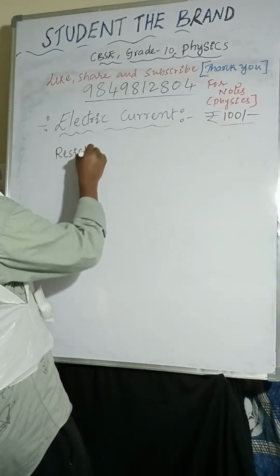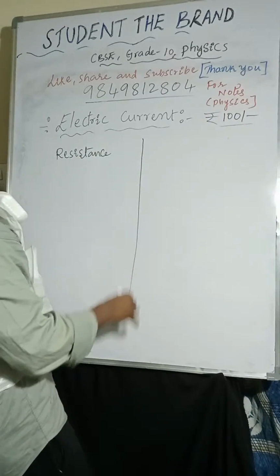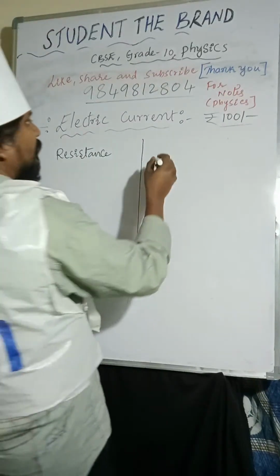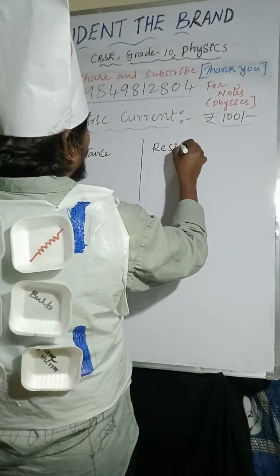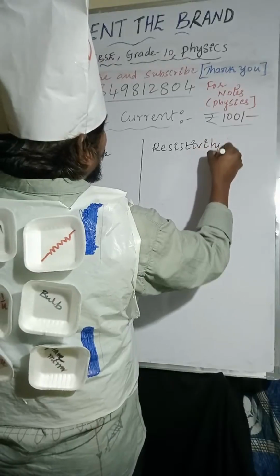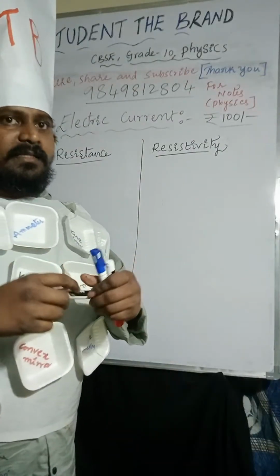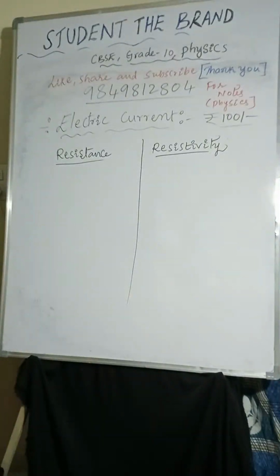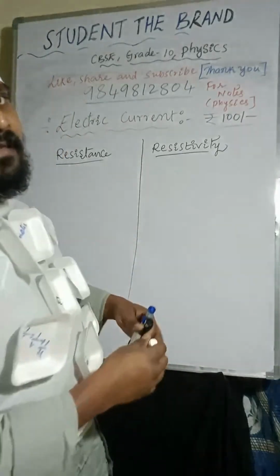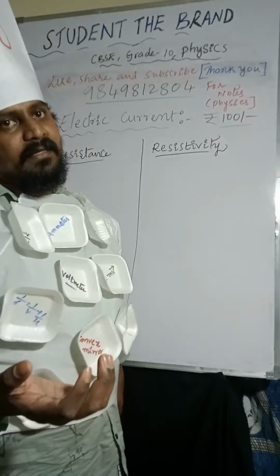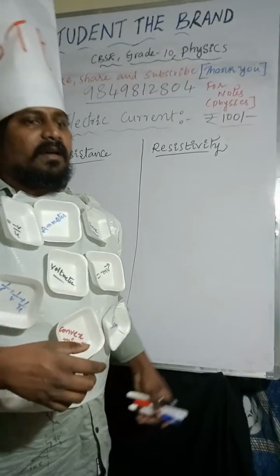Resistance R is the phenomenon of opposing the electric current. The phenomenon of opposing the electric current is called resistance.